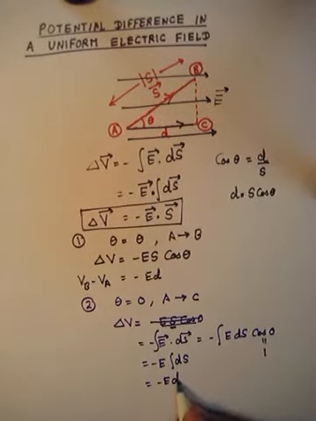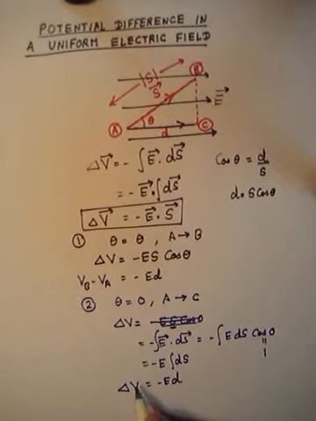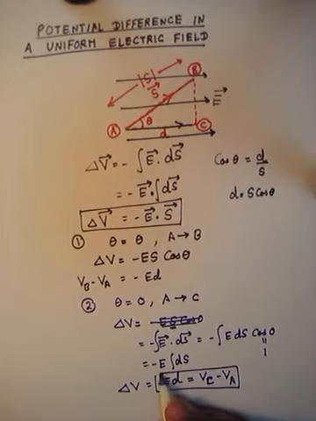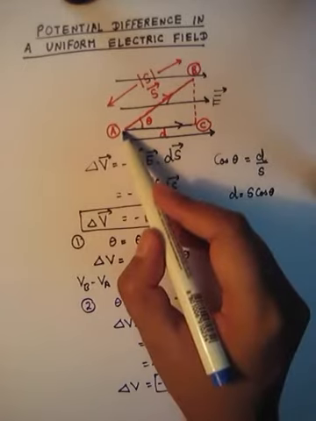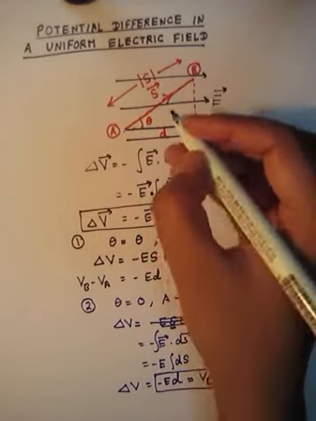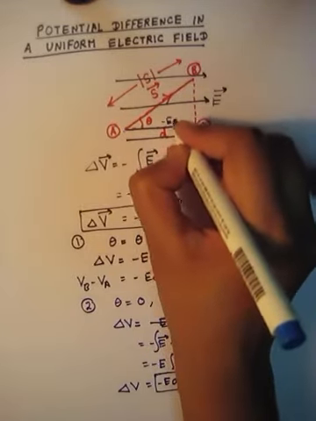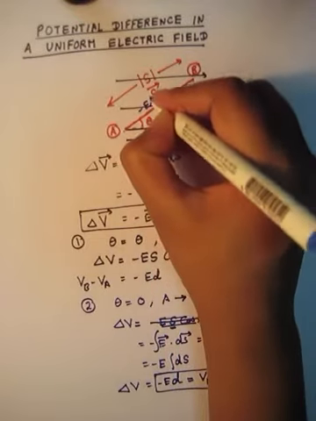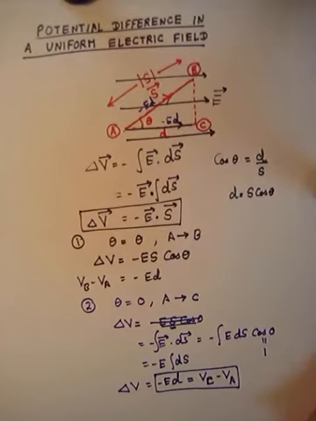The total displacement is d. And this is VC minus VA. So it means that if you move from here to here, the potential difference is minus Ed, and when you move from here to here, it is also minus Ed, the same potential difference.